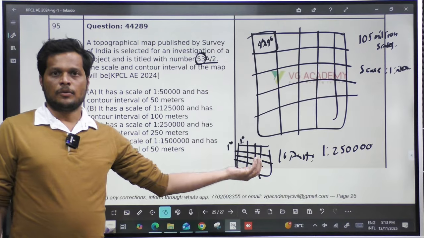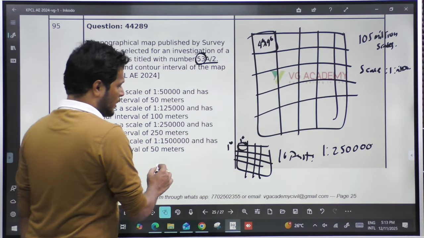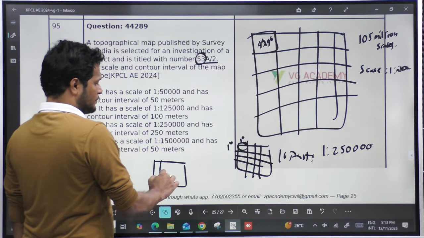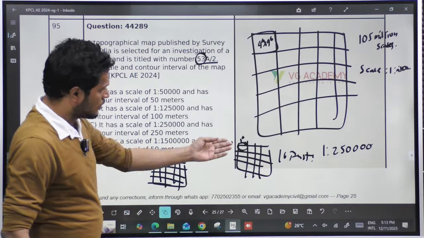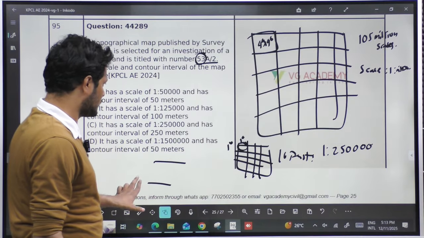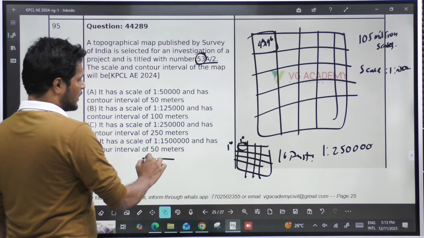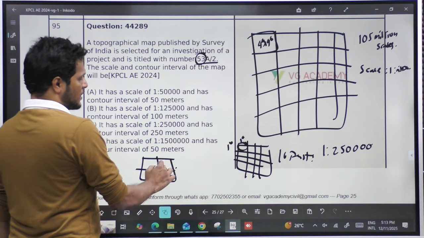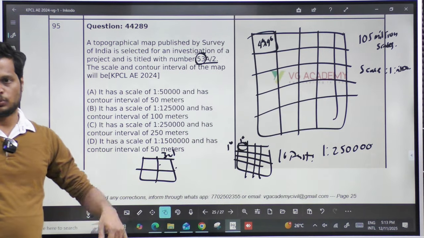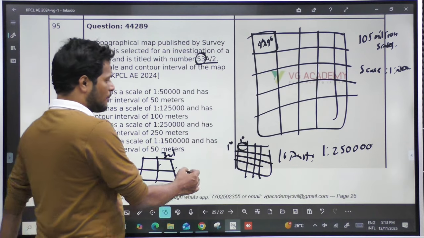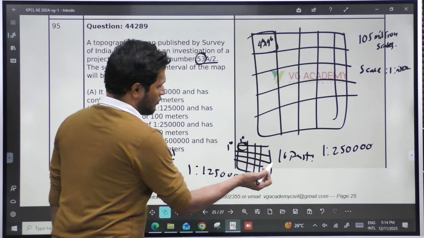This is further divided, each again into 16 parts. No, not 16 parts. By 2 means 4 parts. So this is further divided into 4 parts, each 30 minutes now by 2. And the scale will come as 1:125,000.